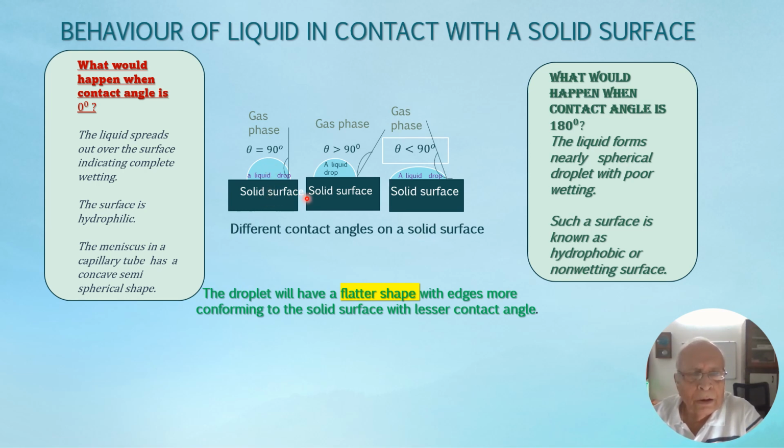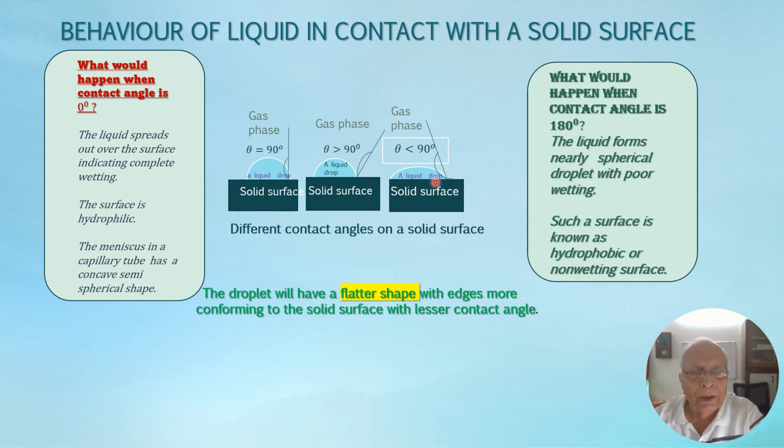So now here we find that different contact angles are there on the solid surface. Repeating again, in one case it is 90 degree, in another case it is greater than 90, in the third case it may be less than 90. And we find that the droplet has a flatter shape with edges more conforming to the solid surface with lesser contact angle.